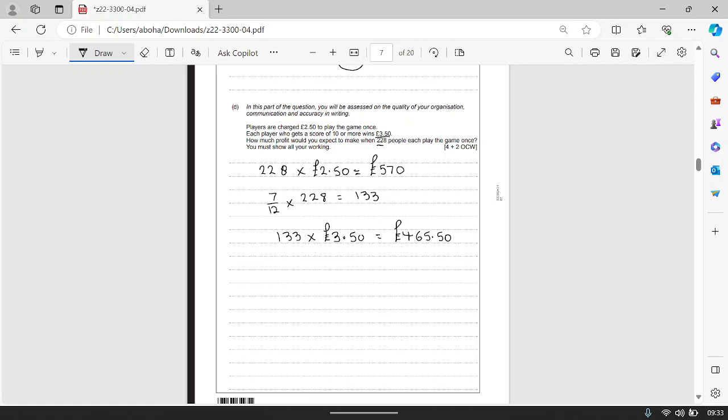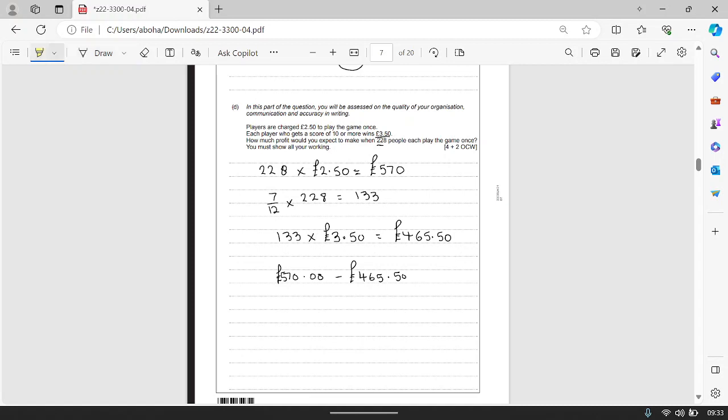So all you need to do now is work out what your expected profit is going to be. The profit is the money you've taken, 570, minus the money you've forked out, which is £465.50.